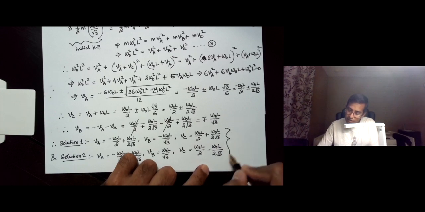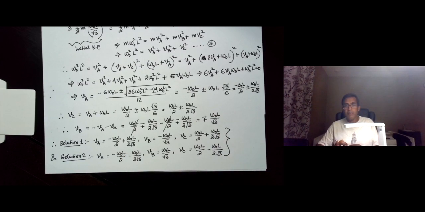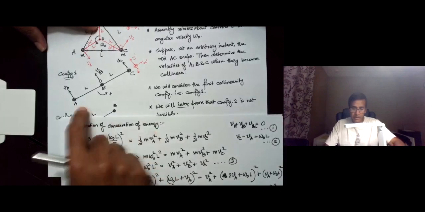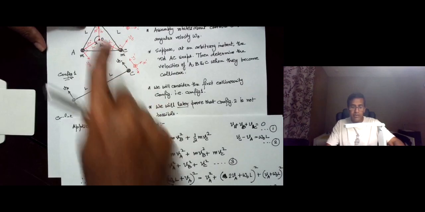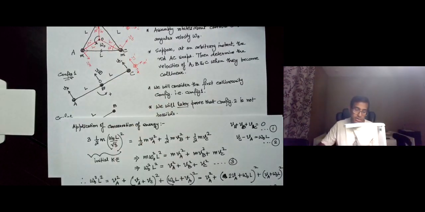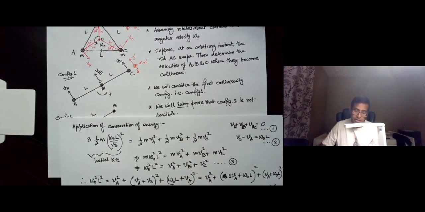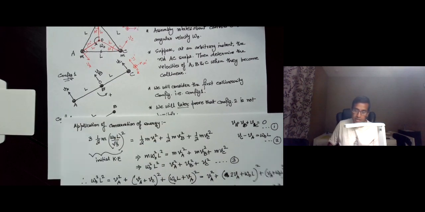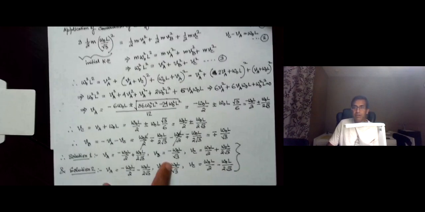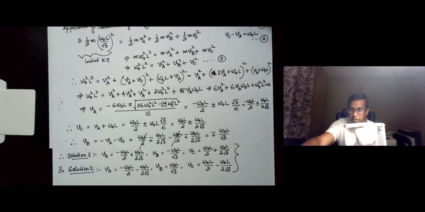So as the motion develops in this system with AC snapped, when you reach this point of collinearity, then we can find the velocities of these particles by applying the conservation of linear momentum, conservation of angular momentum, and conservation of energy.